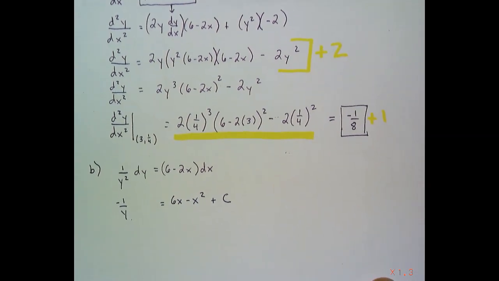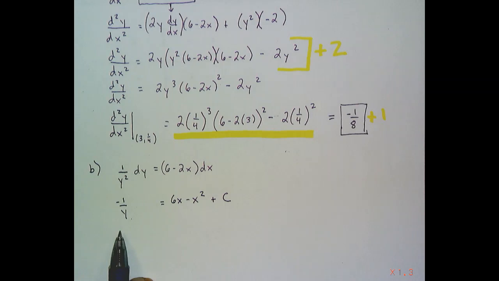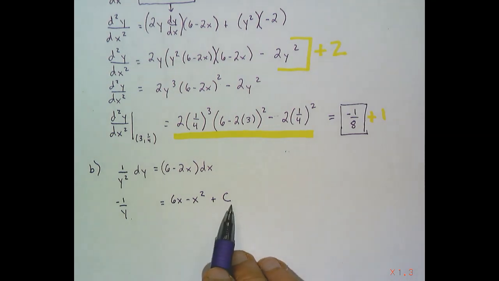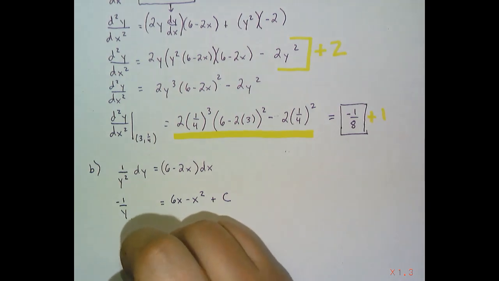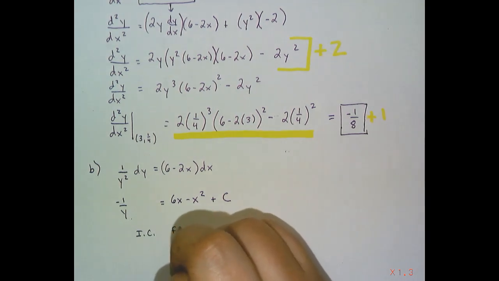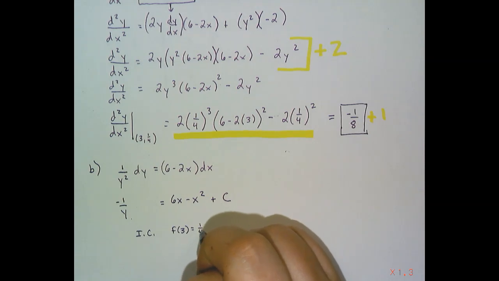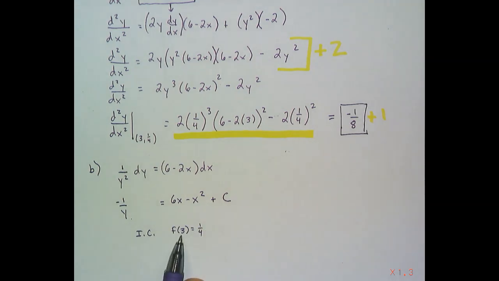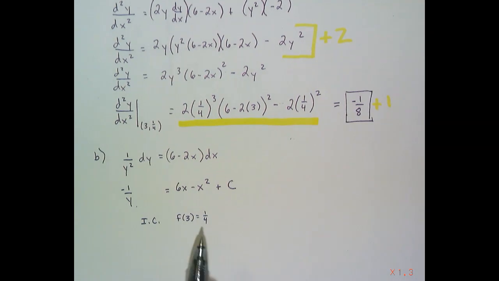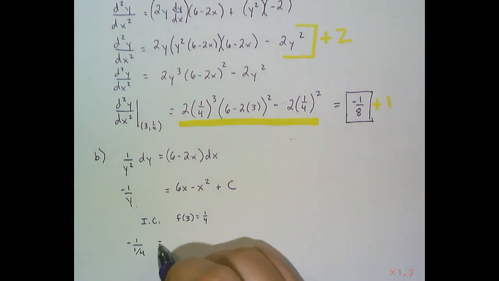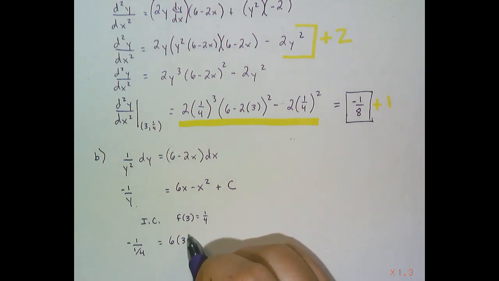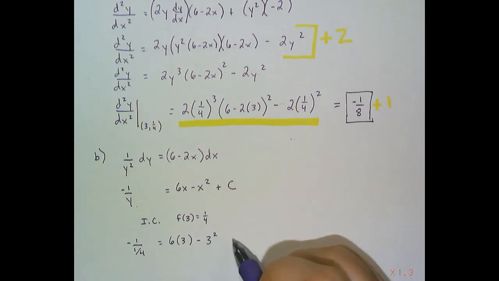Okay. Our goal in the end is to find what y equals, so we're going to need to find the value of c and then solve for y. So in finding the value of c, I'm going to start by plugging in the initial condition. The initial condition was f of 3 equals 1/4. So x is 3 when y is 1/4. And we get negative 1 over 1/4 equals 6 times 3 minus 3 squared plus c.